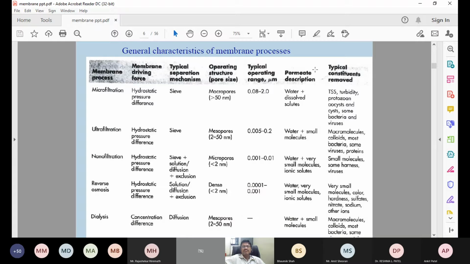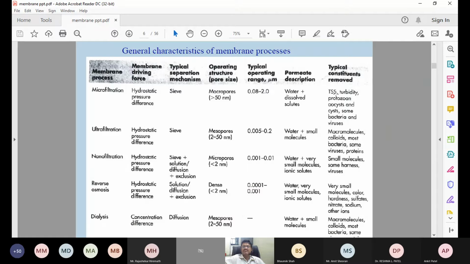Now the permeate that will be coming out is water plus dissolved solids. Water can go out and some dissolved solids can also pass through, which means microfiltration is not efficient in removing dissolved solids. But it can remove suspended solids.